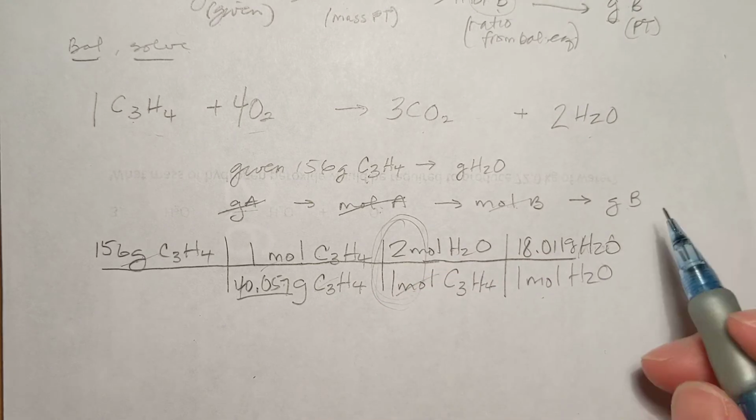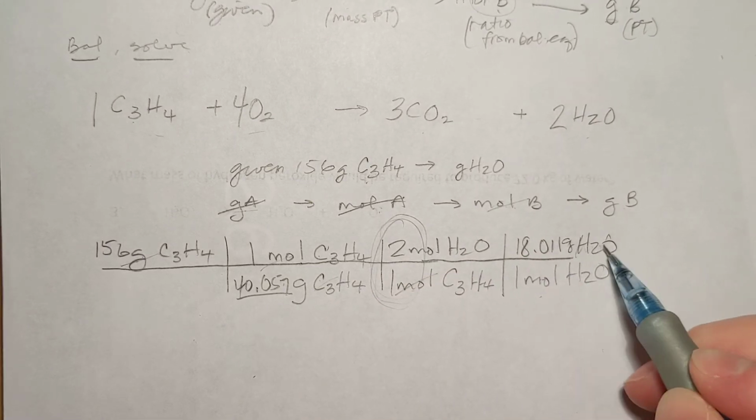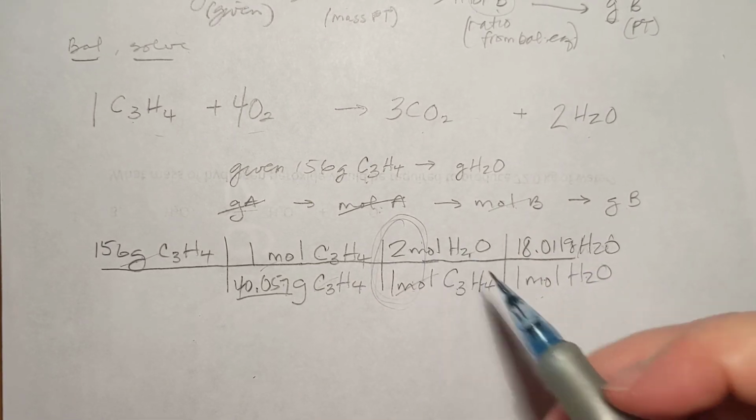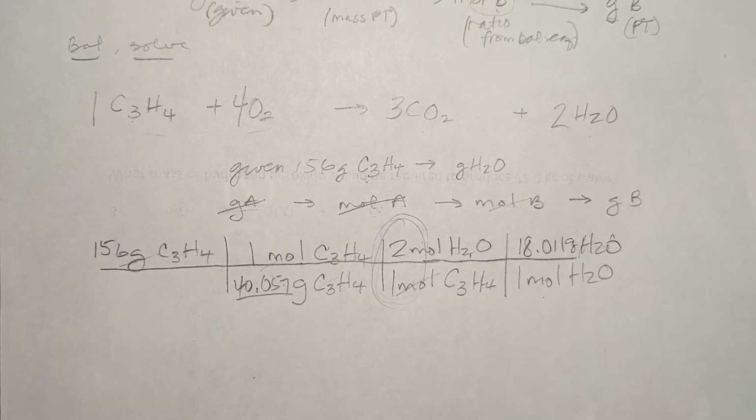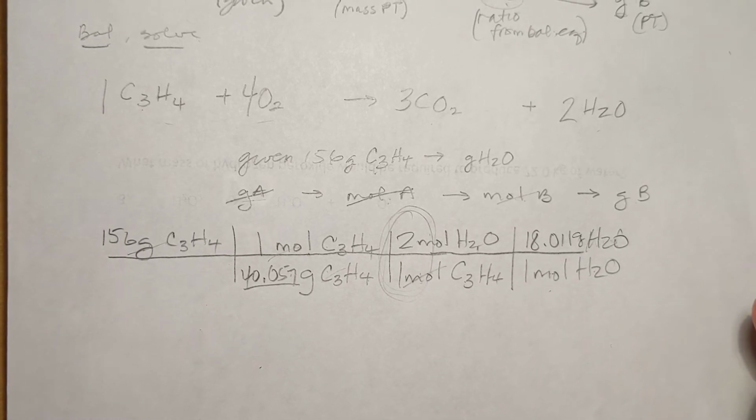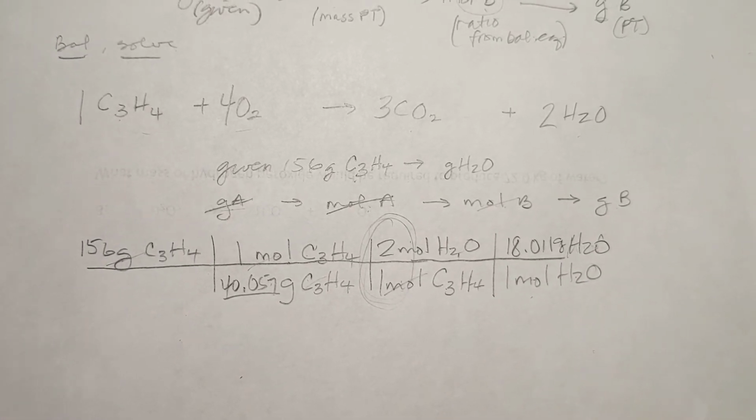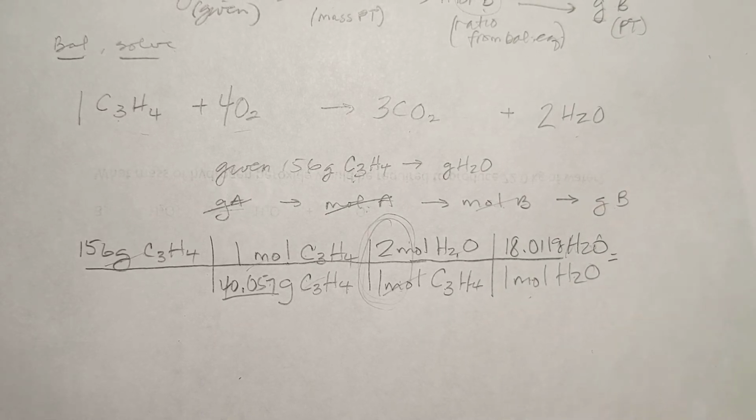So notice I have to keep putting my unit, and I have to put my label. There's no skipping around about that. Make sure that you're showing all of that. Chemists are very detailed, as you know.